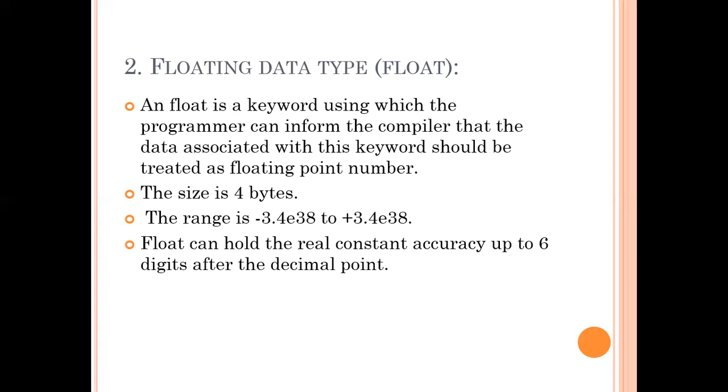If you think precision and accuracy is not up to the mark, then you can go for double. Double data type number uses 64 bits, I mean 8 bytes. Float is 4 bytes. Double is 8 bytes.